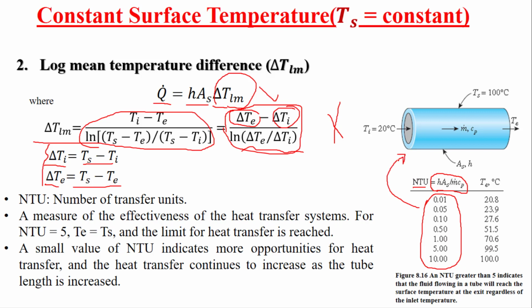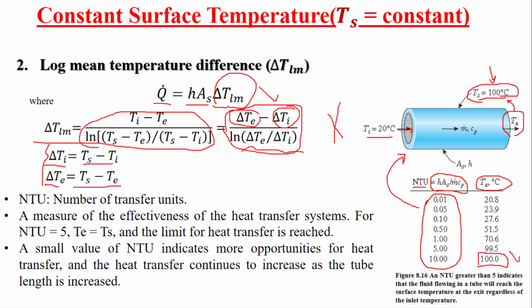Here, what do we have in this experiment? We have T inlet at 20 degrees Celsius, and I wish the T exit temperature to be 100 degrees Celsius. Why? Because when I apply a constant surface temperature of 100, I need the fluid flowing inside this tube to reach this temperature. This is my target. When this happens, T exit reaches 100, the surface temperature.